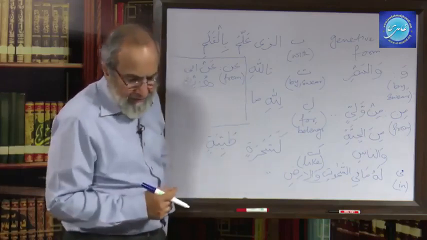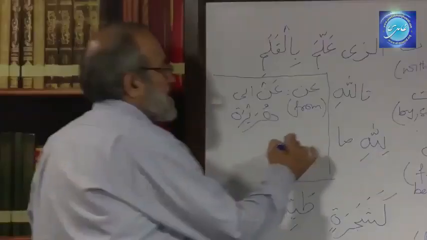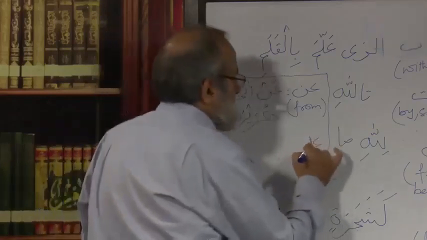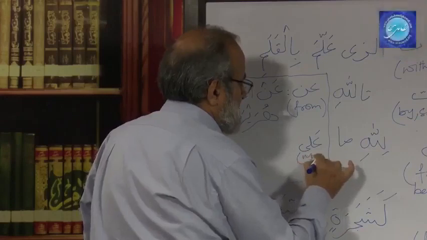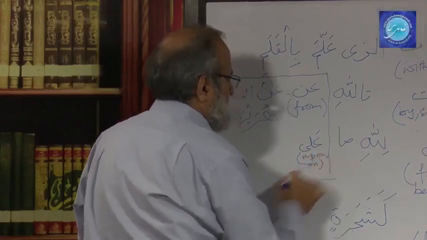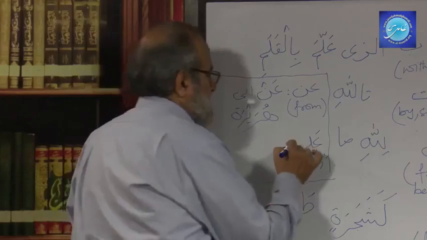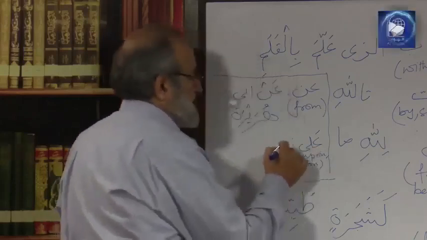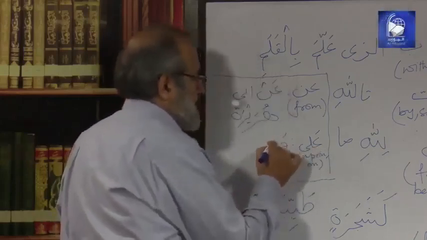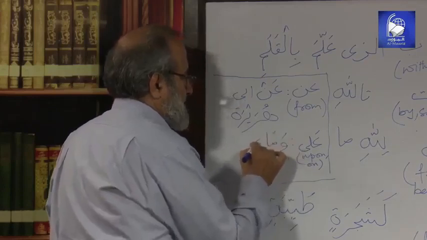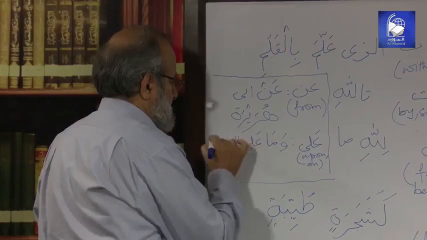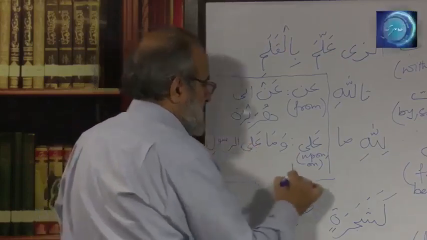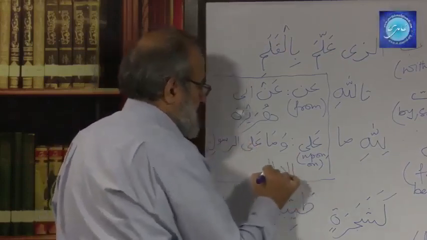After an, we have ala. Ala means upon or on. The Quran says, wama alar rasuli illal balagh.